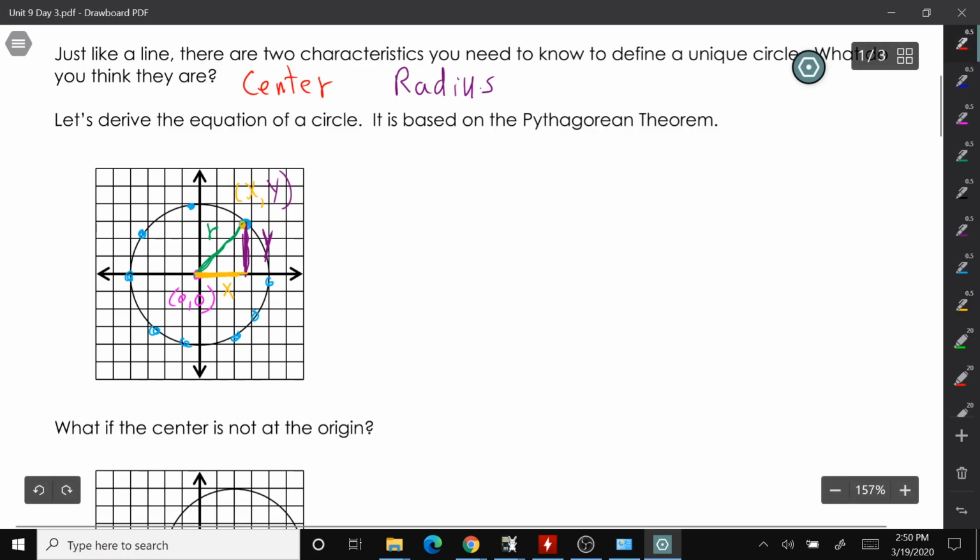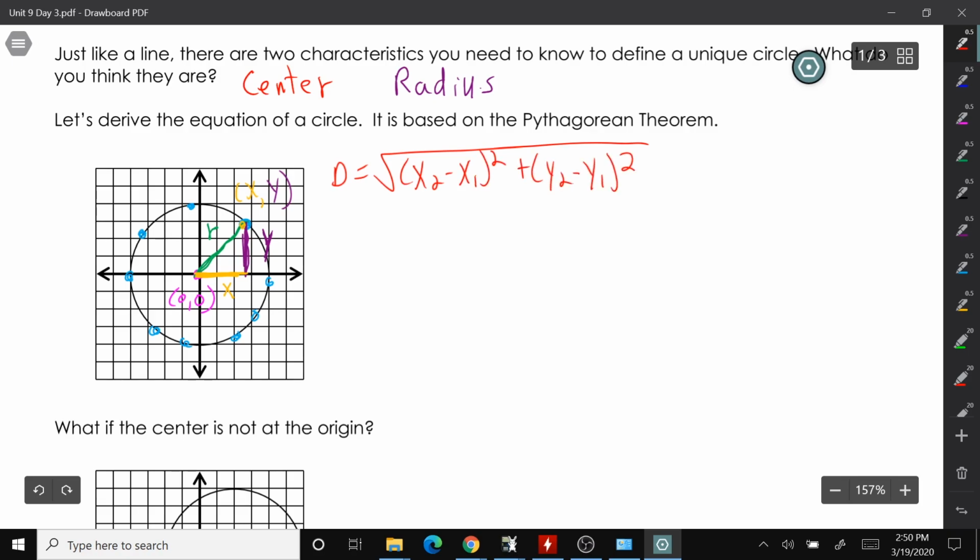So remember the distance formula, x2 minus x1 squared plus y2 minus y1 squared. And we're just going to use 0, 0 as one of our points. We can say that that's x1 and y1. So x1, y1 is 0, 0.